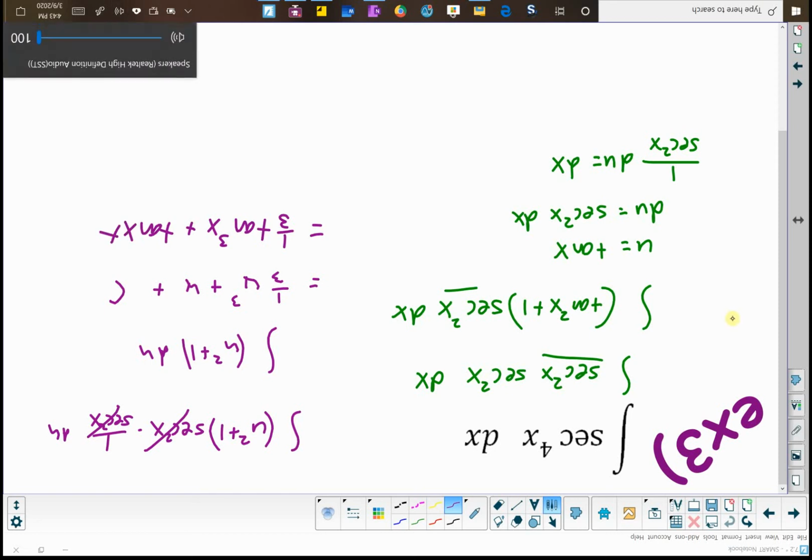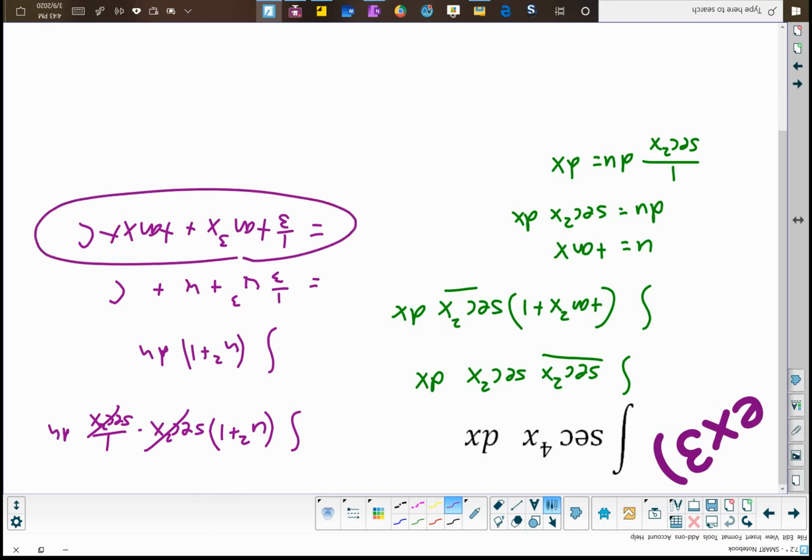But the biggest thing I see people do is they say the antiderivative of 1 is x, but we're in u. Our variable of integration is u, so make sure you use the correct variable. There we go. So there's a few identity ones.